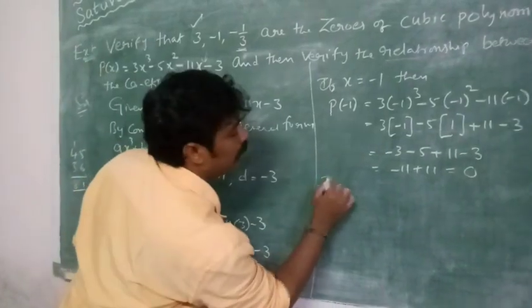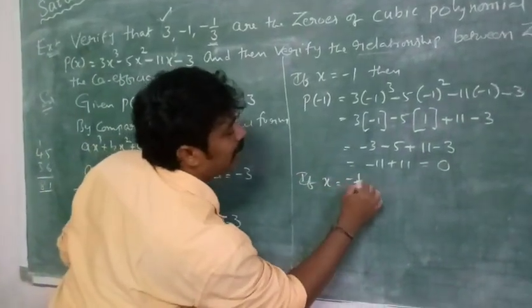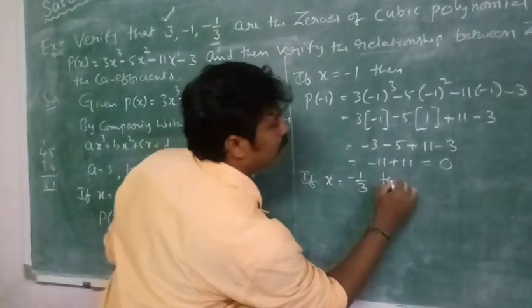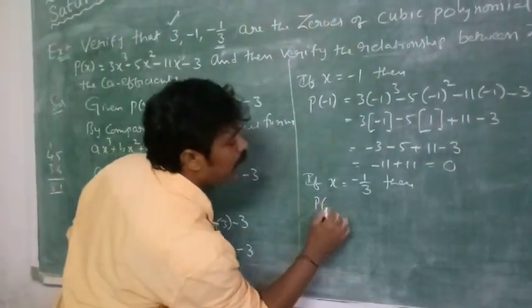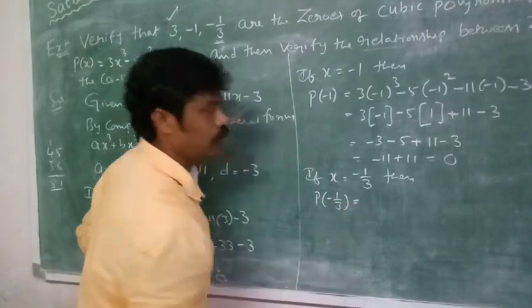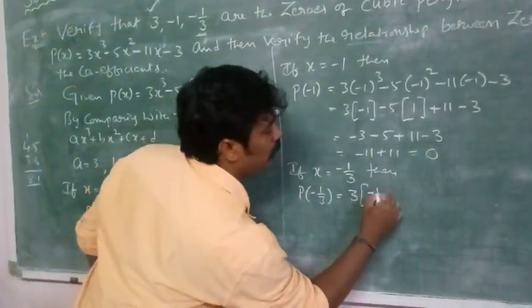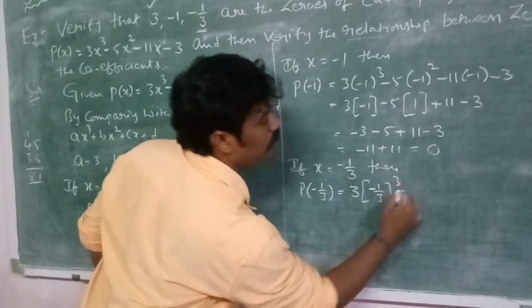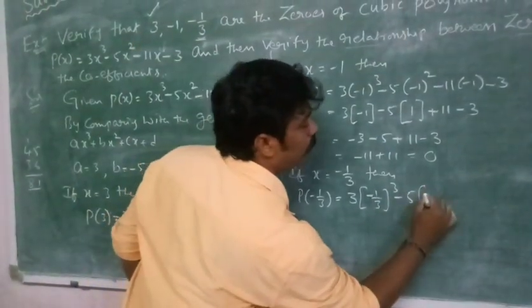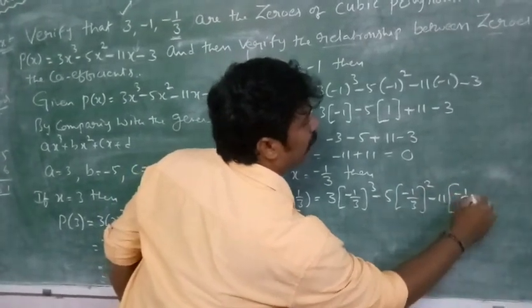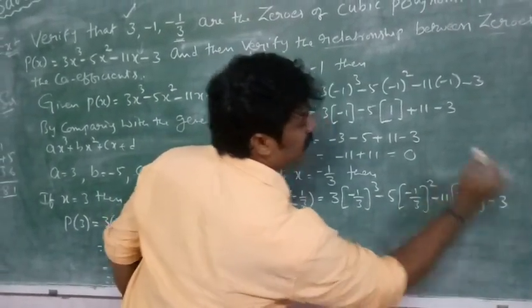So we substitute in place of x as minus 1 by 3. Then P of minus 1 by 3 is equal to 3 into minus 1 by 3 whole cube minus 5 into minus 1 by 3 whole square minus 11 into minus 1 by 3 minus 3.